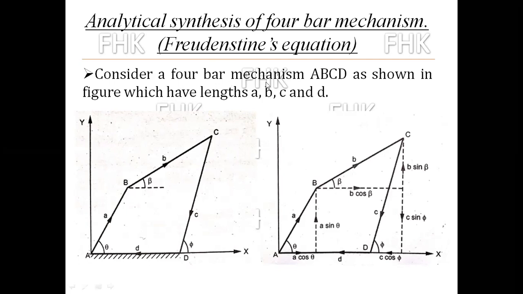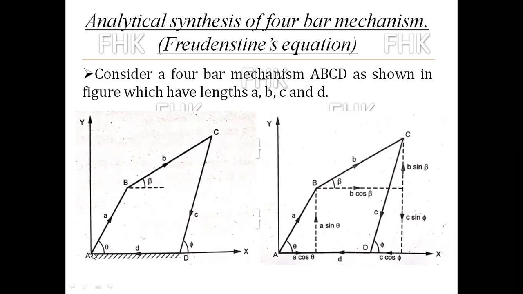So consider a four-bar mechanism ABCD as shown in the figure, which has lengths a, b, c and d respectively. Link AD is fixed. Link AB is the input link. Link BC is the coupler or connecting link or intermediate link. Link CD is the output link.